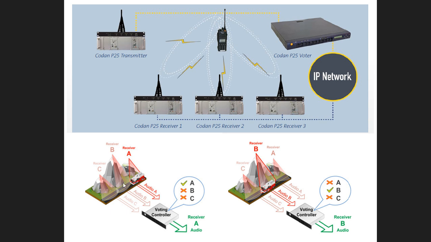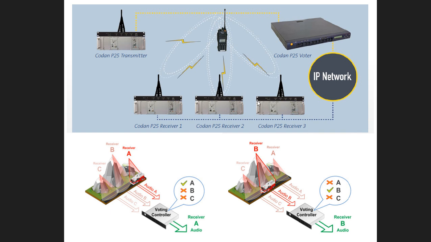But it can use that measurement as a way of analyzing the signal to see how clear it is. And that's what this Codan modern P25 voting receiver system does.